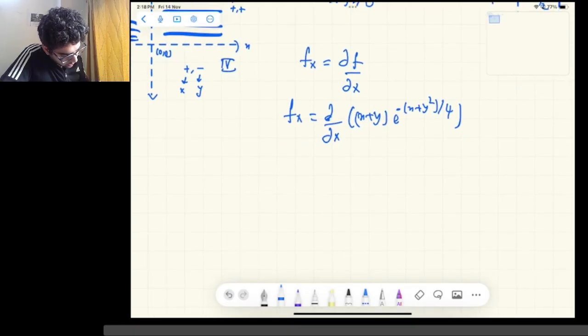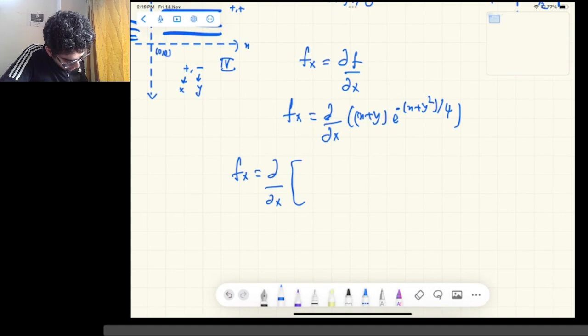So this function becomes f_x equal to del by del x of this function. Let me treat y as a constant and solve the whole term, using the product rule of differentiation. Treating x plus y as the first function and e to the power minus (x plus y) square by 4 as the second function.